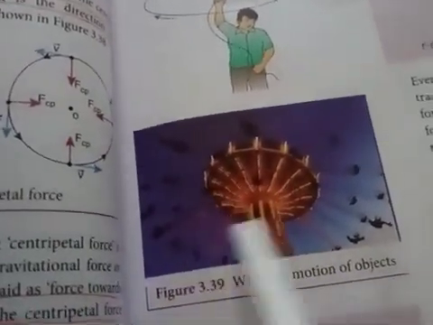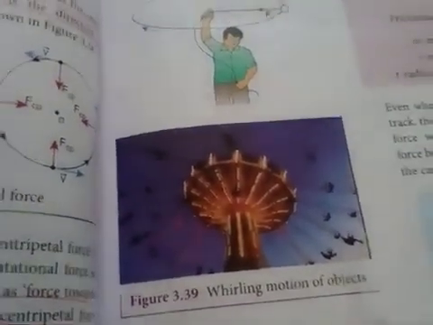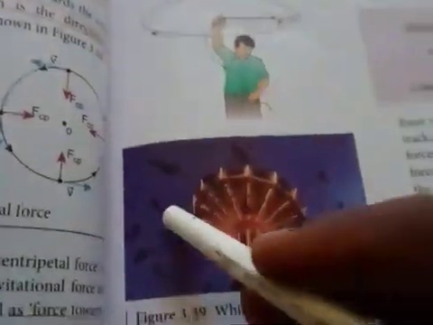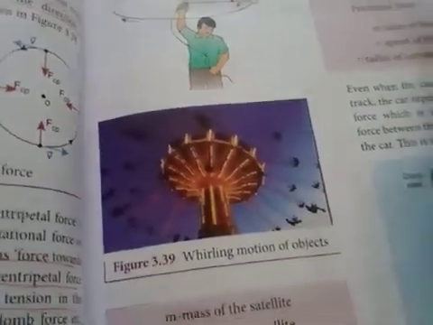So when it is showing circular motion, there will be an inward force. There will be a centripetal force which is acting inward, and this centripetal force is arising from what? The tension from the iron string. So this is the first thing.